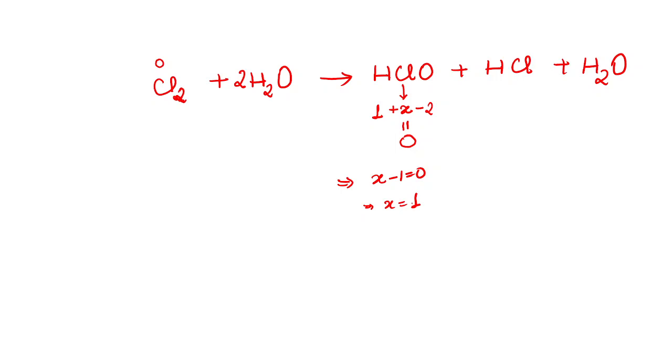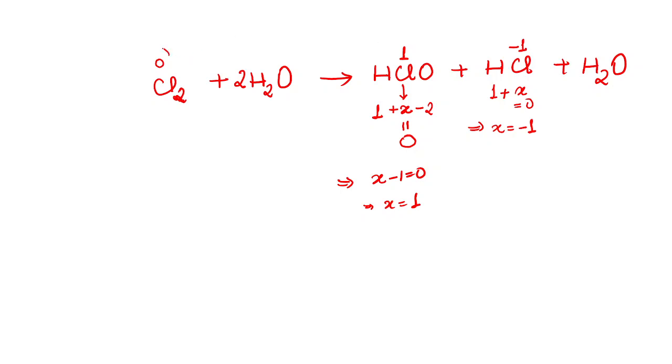You will get x equal to 1, which means the oxidation state of chlorine here is +1. And similarly, if you calculate here, the charge of hydrogen is again +1, plus chlorine we don't know, it is x, that is equal to 0. Now if you calculate the value of x, this will be equal to -1. Here the oxidation state of chlorine is -1.